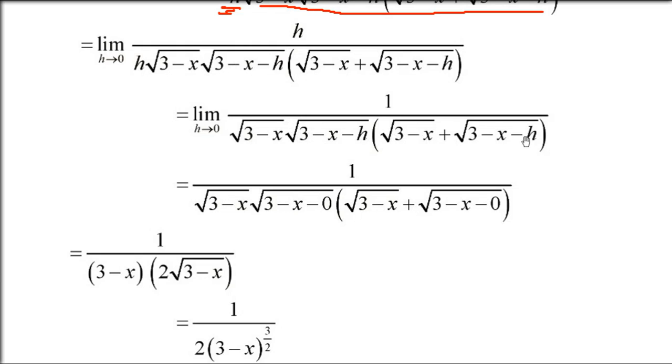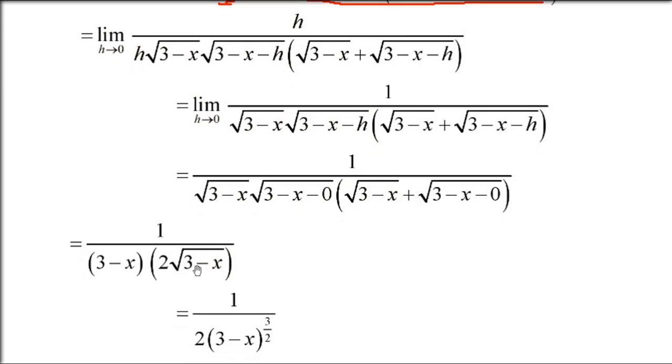In the denominator you have under root 3 minus x, under root 3 minus x, and then under root 3 minus x plus under root 3 minus x. That is 2 under root 3 minus x. So you have 2 root 3 minus x times 3 minus x.